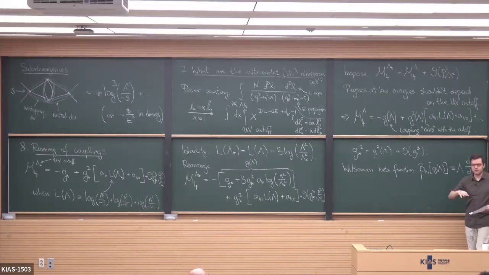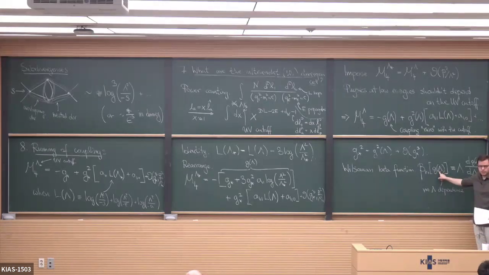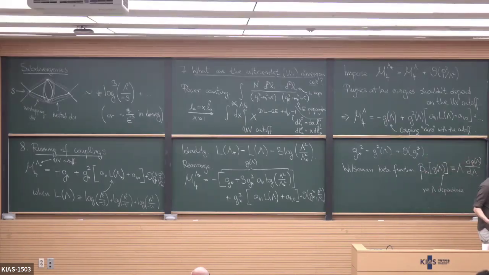So this beta function is just measuring the slope of the change. And one of the key ideas here is that that function itself does not depend on the lambda itself. So it has no lambda dependence. It only depends on the value, it's a function of the coupling. So that means that if I know the coupling at one scale, I can evolve it at others without knowing what kind of cutoff it refers to. That's the central idea.